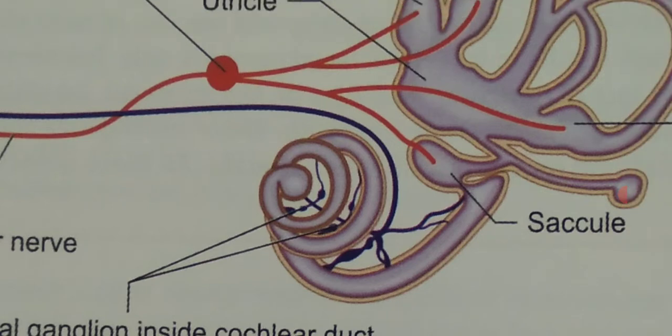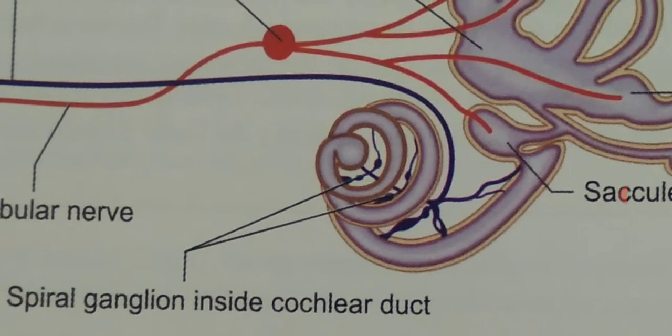The movement or the wave created within the endolymph stimulates the entry of potassium ion into these hair cells, resulting in transformation of the sound wave, which is a mechanical energy, into an electrical energy or a nerve impulse within one nerve called the cochlear nerve.